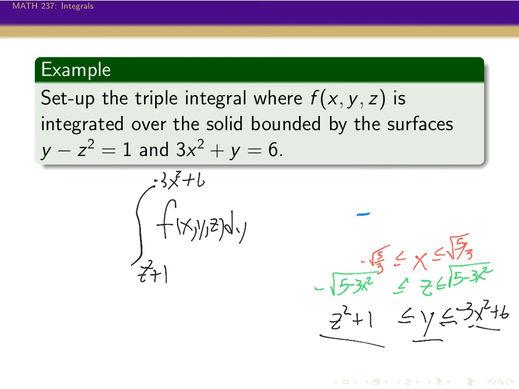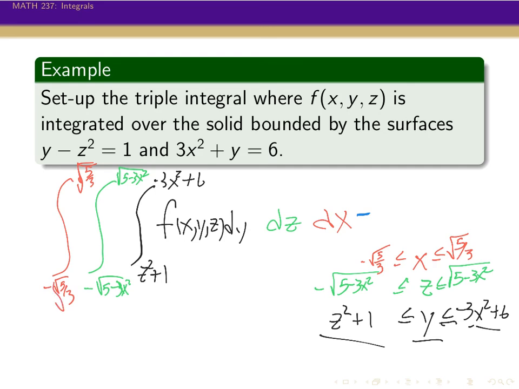Then we're integrating in terms of z, from minus the square root of 5 minus 3x squared to the square root of 5 minus 3x squared, and then lastly integrating in terms of x. And the bounds for our last one are just constants: minus square root of 5 over 3 to square root of 5 over 3.